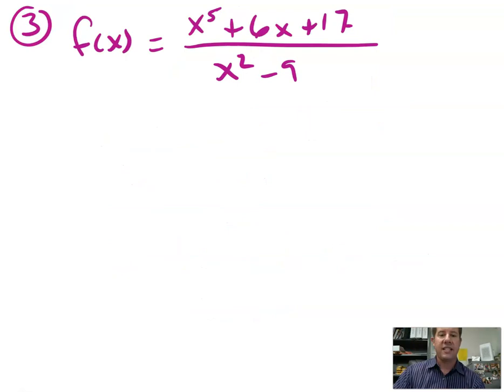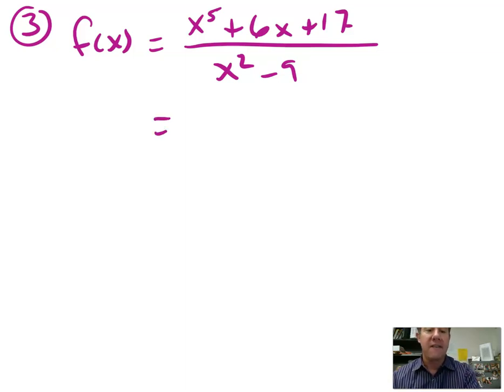On this next one, it's asking us to determine the intervals on which the following functions are continuous. If we have a rational function, hopefully from our algebra knowledge, we can agree that this is going to be continuous everywhere except where there is a hole or an asymptote. Those would be my places of discontinuity. To find those, I'd want to try to factor and cancel.